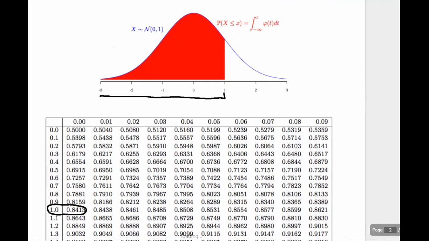Now, if I split this in half, I know that this is 50% and the other side entirely would be 50%. So when I have my 0.8413, it's that plus the 0.3413 that I had from the table above.